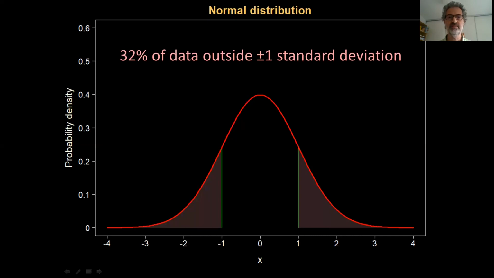So what is the standard deviation then? It's the distance from the mean that contains about 2/3 of your data. That's why the standard deviation is so important. It's the range within which you find about 68% of your data.